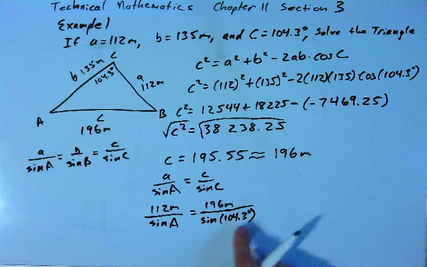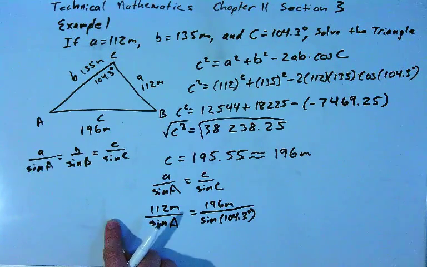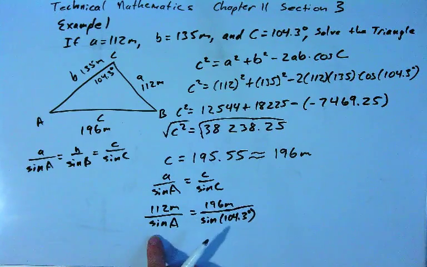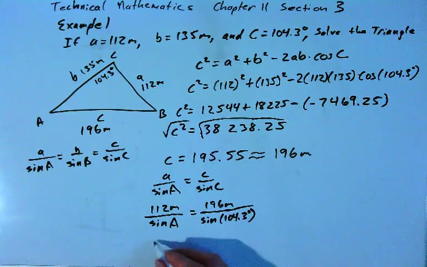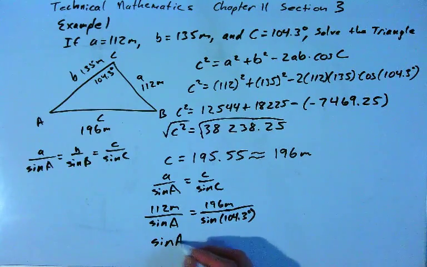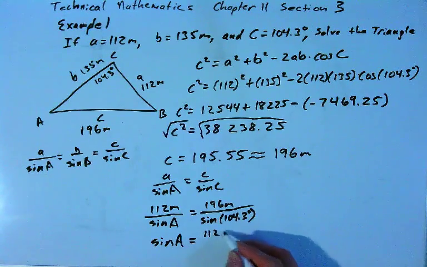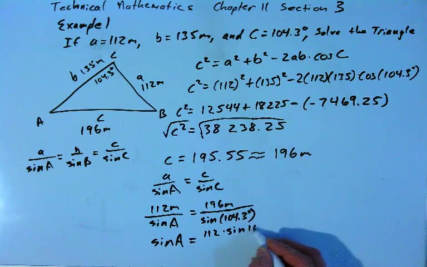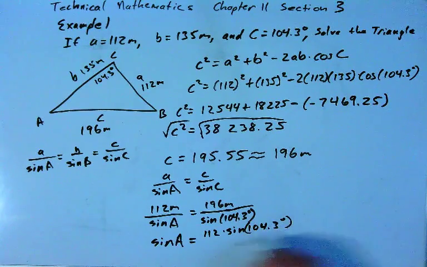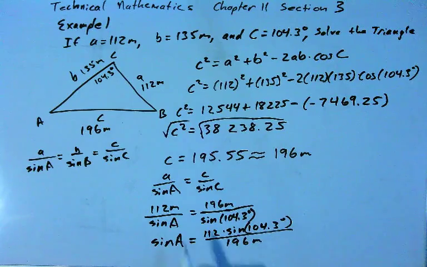I multiply both sides by sine A. I'm going to multiply both sides by sine of 104.3 and divide both sides by 196, so that I'll end up with sine A equals 112 times the sine of 104.3 degrees divided by 196 meters. Really what I'm doing here is cross multiplying.